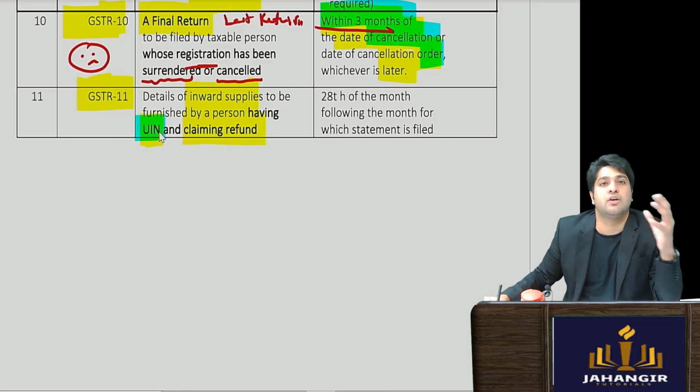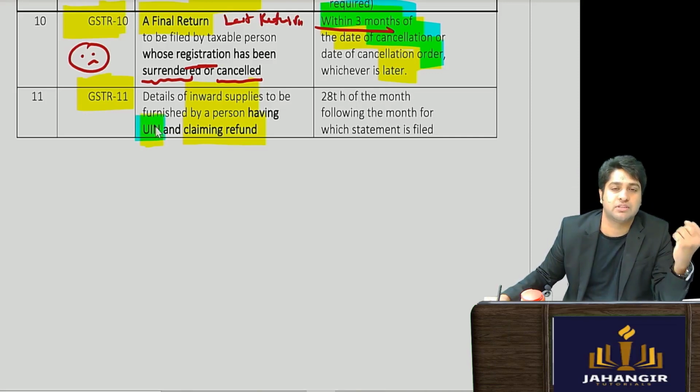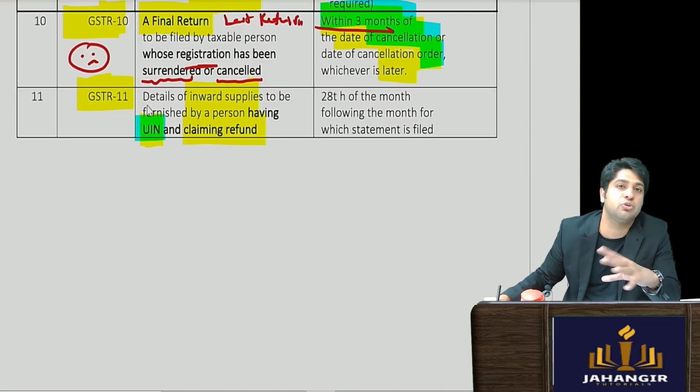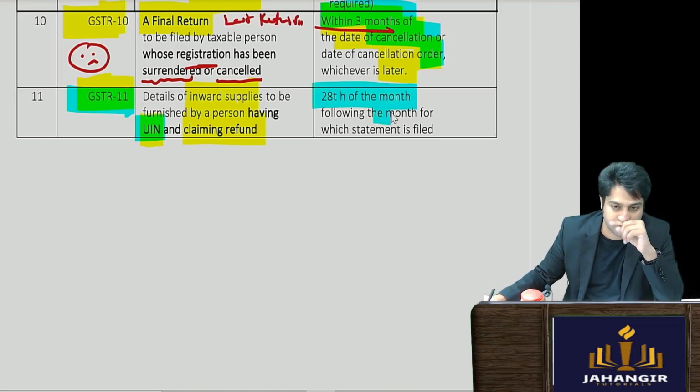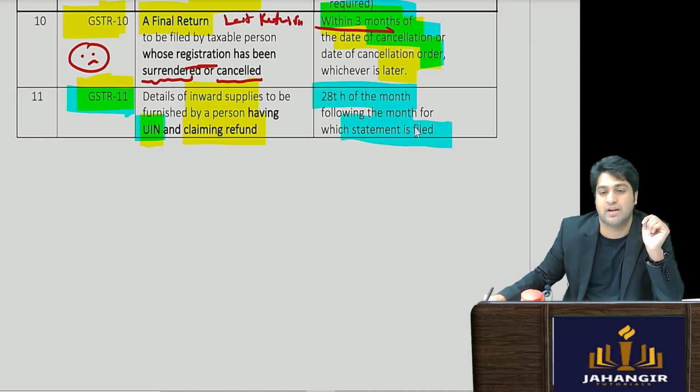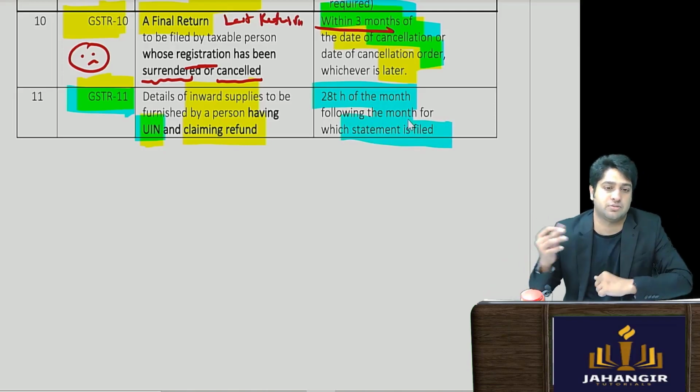It talks about unique identification numbers. Certain embassies, United Nations organization, international organizations, they don't get a registration certificate. They get a unique identification number, which is deemed to be the registration certificate. They need to file their returns in GSTR 11 by the 20th of the month following the month for which the statement is filed. So basically 20th of the next month.